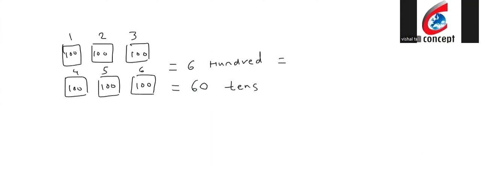How many boxes are there? You count one, two, three, four, 5, and 6. That means we have 600. Which also means you can write this as 60 tens. And 600 means 600 ones.